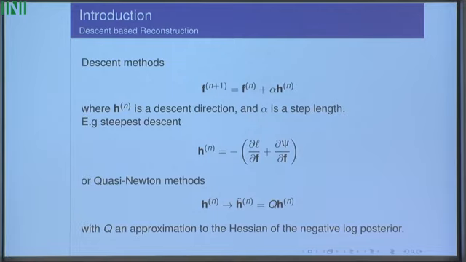So in the steepest descent direction, you'd have the negative gradient of the likelihood plus the negative gradient of the prior. But we may also look for quasi-Newton methods where we pre-multiply this. You can think of it as a preconditioner or as a Newton-like step to give us second order optimization.